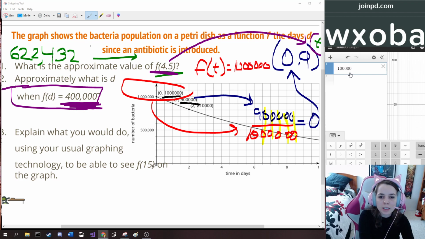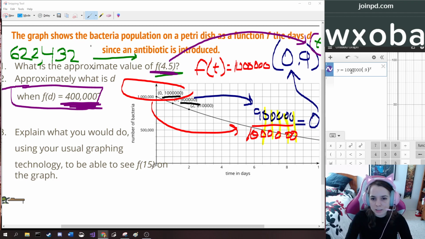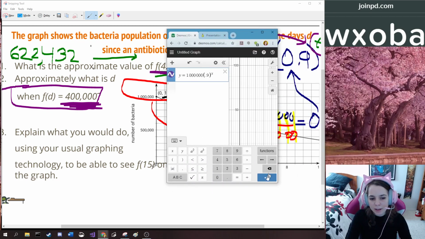So if I do y equals 1 million times 0.9 to the power of x, I will get my graph.